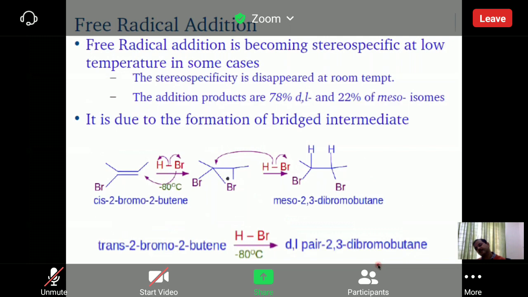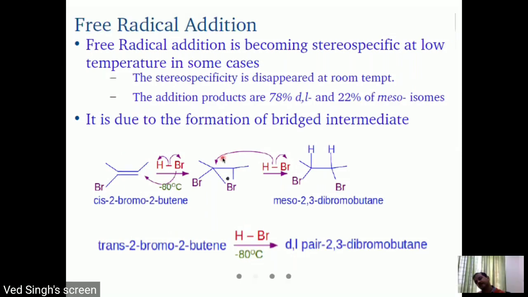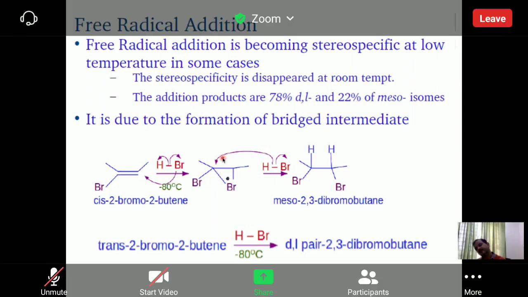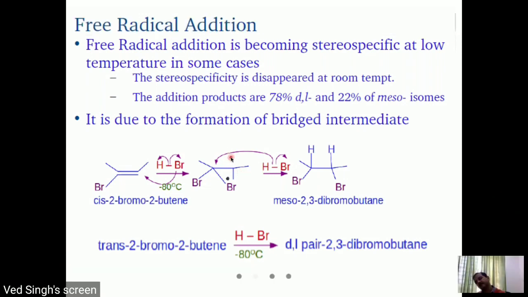Bromine will form a cyclic transition state, or bromonium intermediate. In the last step, the nucleophile attacks these carbons from the back side, and bromine can bind from this side or this side. So usually the reaction takes place with formation of this meso compound.